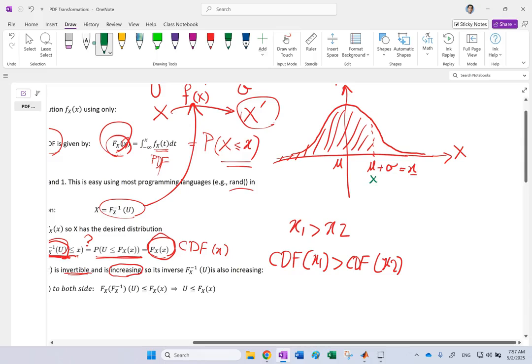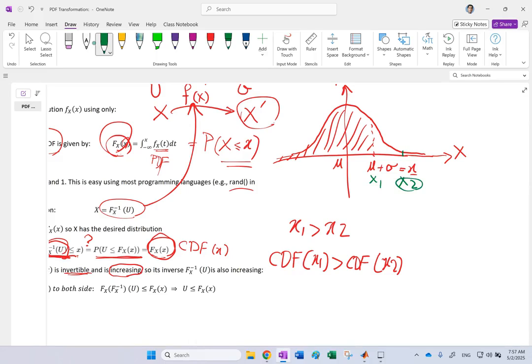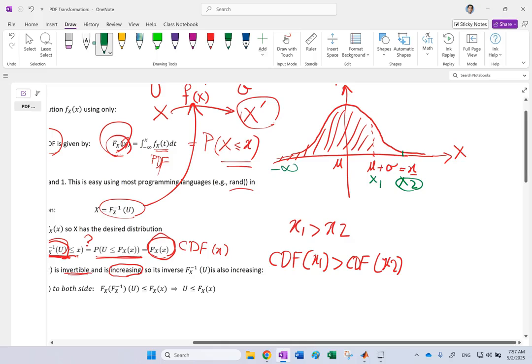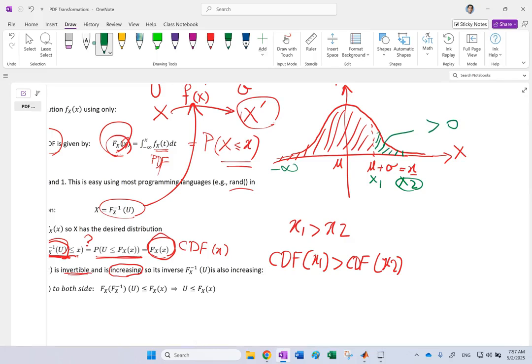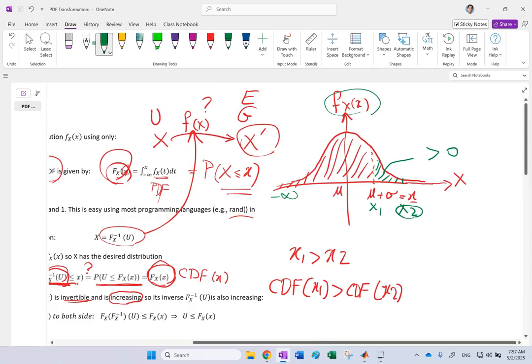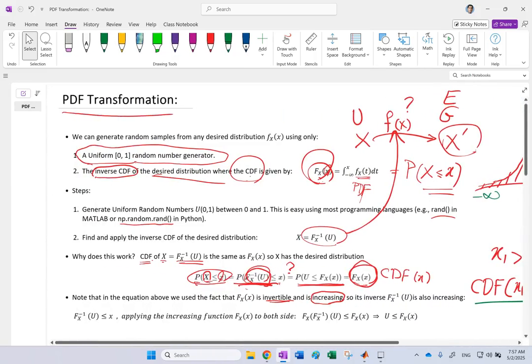So if this is x1 and this is x2, x2 is to the right side of x1. So the cumulative for x2 not only involves the area from negative infinity all the way to x1, but also includes this extra green portion. And this area is positive. Remember that your PDF function is always positive, so the area under the curve, this portion, is always positive, so this is an increasing function, okay?